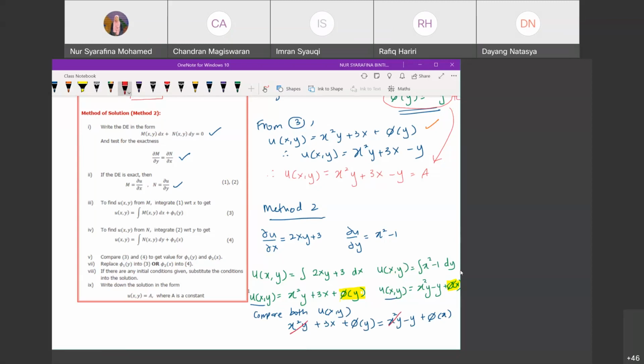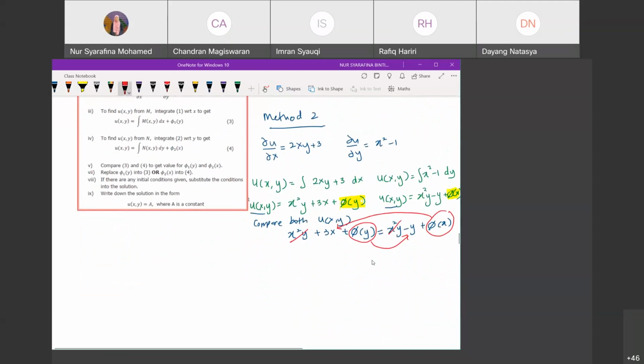Okay, and then psi y is a function of y, so it can be equal to negative y. And psi x is a function of x, then it can be equal to 3x. So from here, we know that psi y equals negative y, psi x equals 3x.